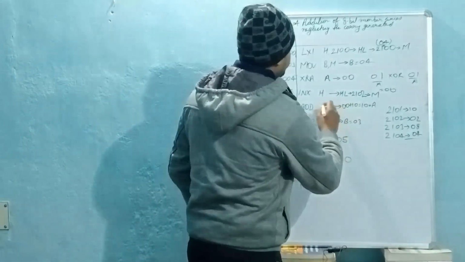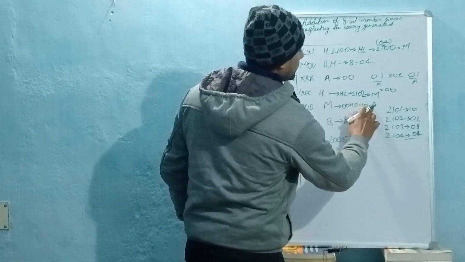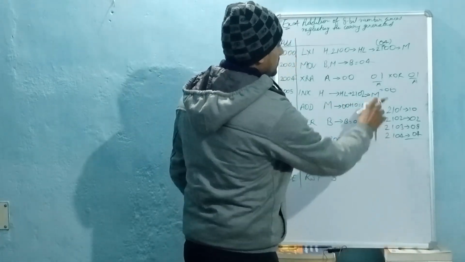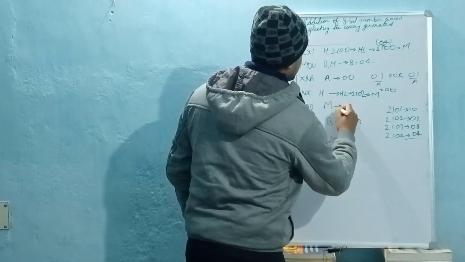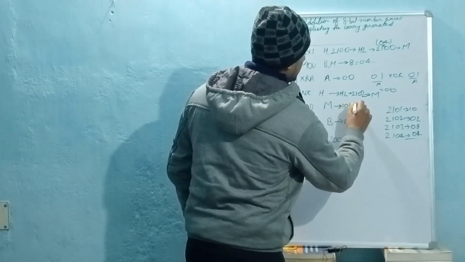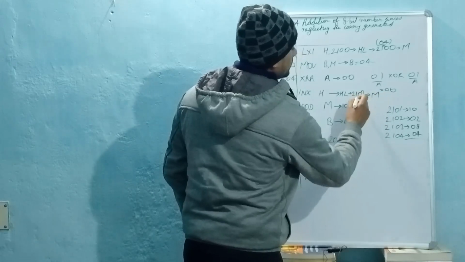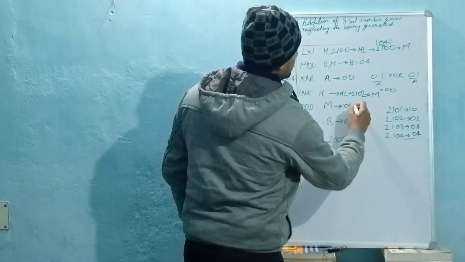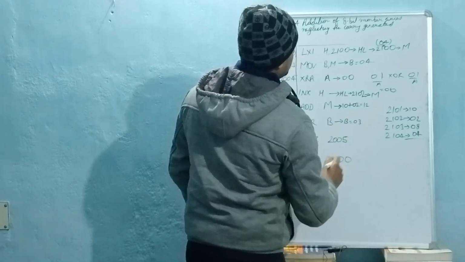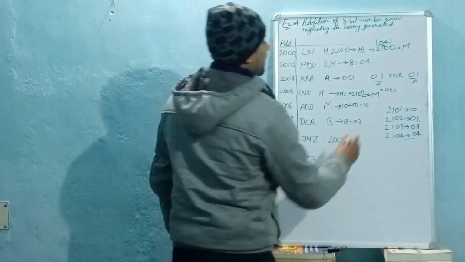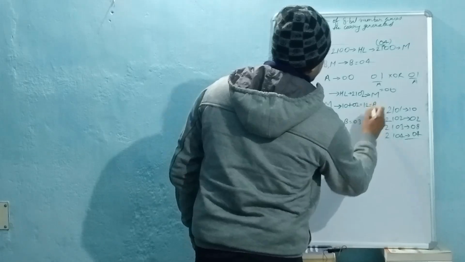In the accumulator we have 10, so now here you will get 10 plus the content of 2102. At 2102 we have 02. So this is in the accumulator.